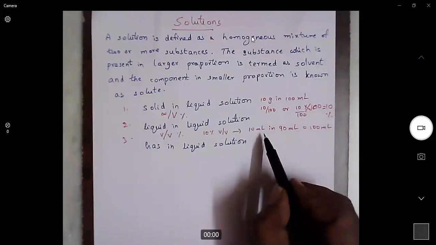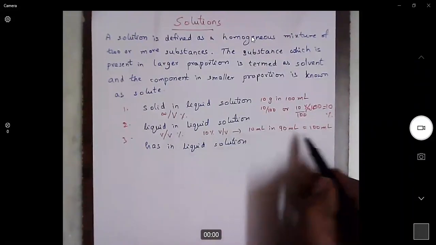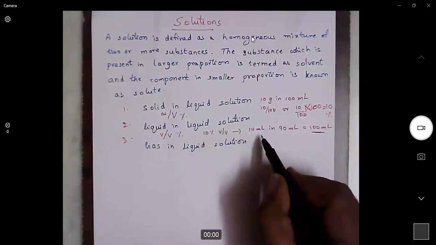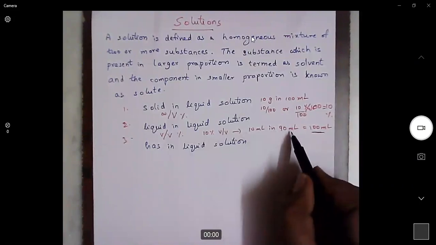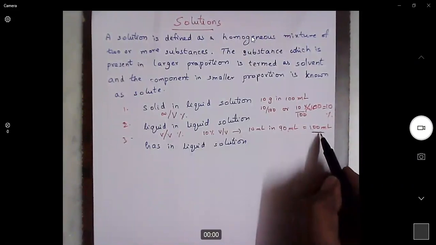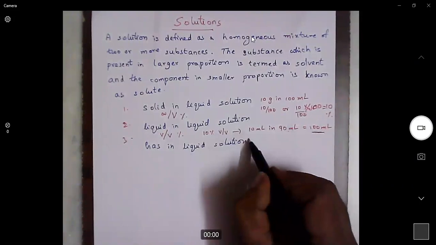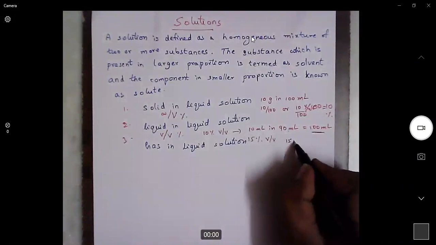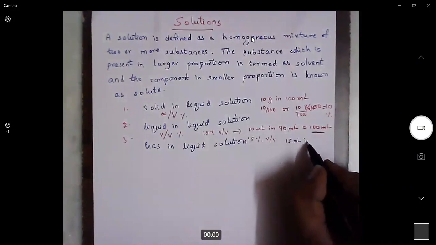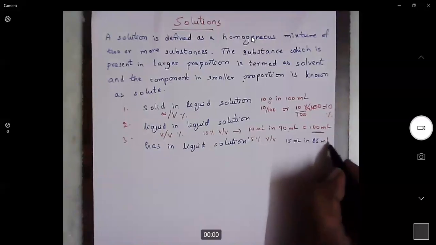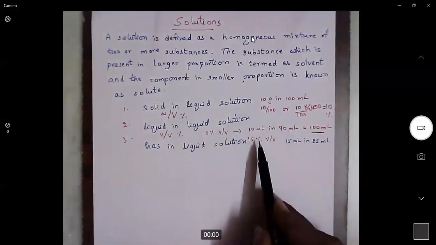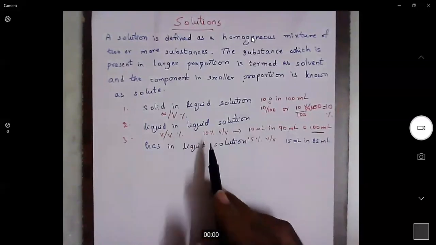But in volume by volume solutions, the total volume must be 100 ml. So for a 10% volume by volume solution, we take 10 ml of solute and dissolve it in 90 ml of solvent, so the total volume would be 100 ml. If I say 15% volume by volume solution, it means 15 ml solute dissolved in 85 ml solvent. So it is different from weight by volume.